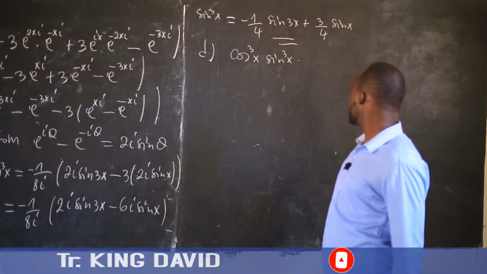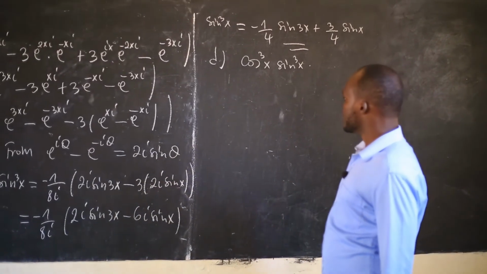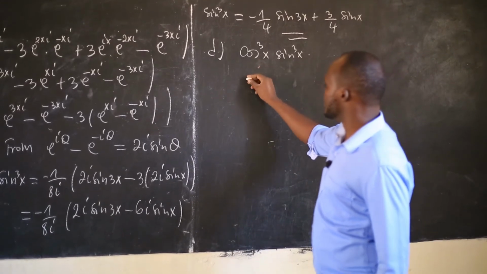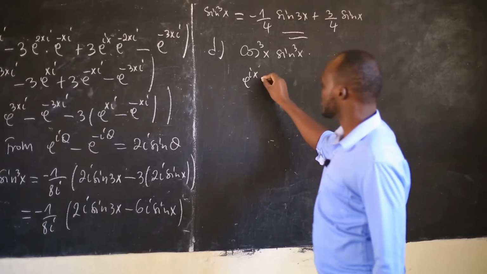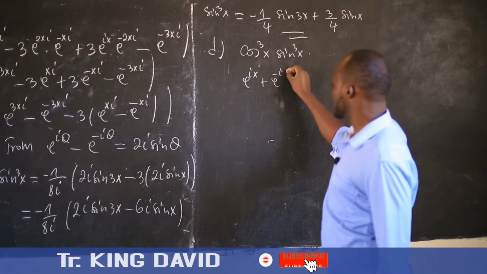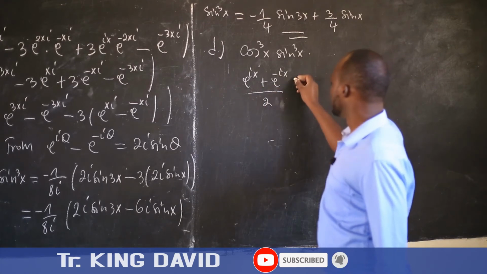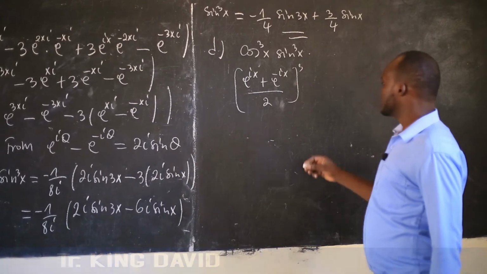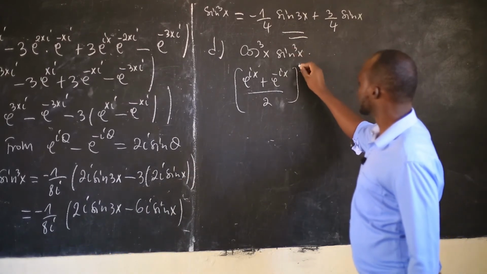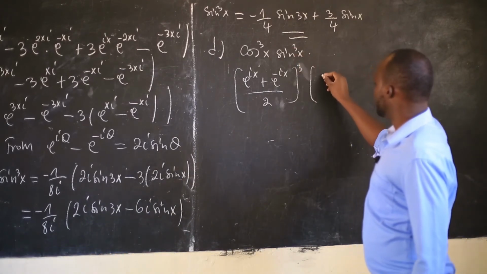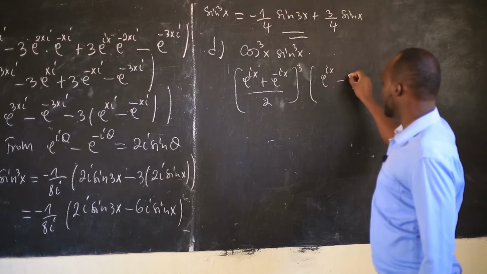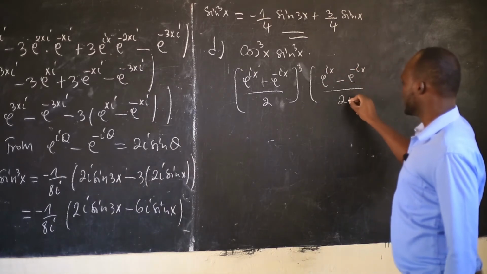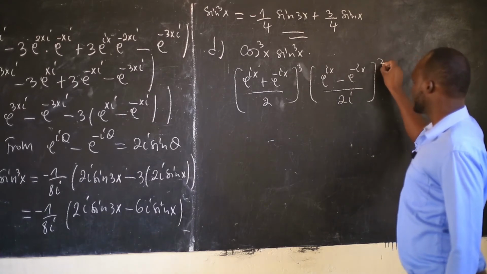That is D. So what you do here, we know it is ((e^(ix) + e^(-ix))/2)^3 times ((e^(ix) - e^(-ix))/(2i))^3.